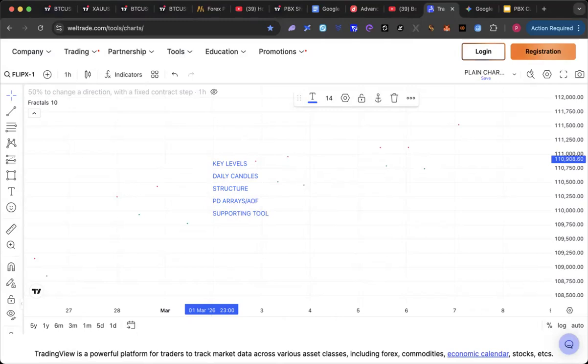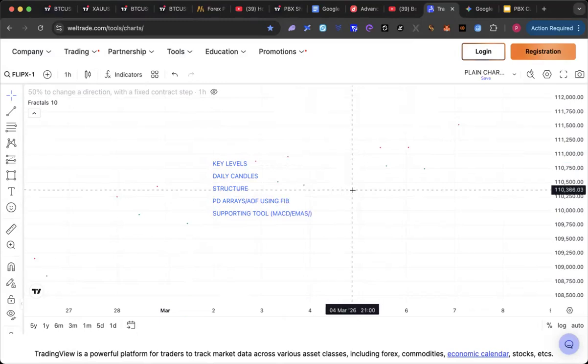As a beginner, you could have supporting tools like MACD and EMAs, and of course the FIB. The FIB because of PDRA. So you can say using FIB.